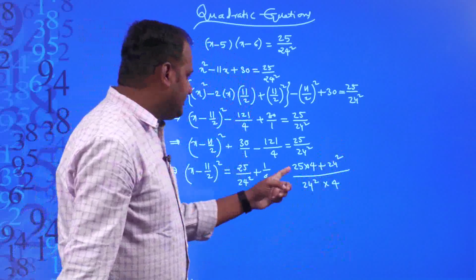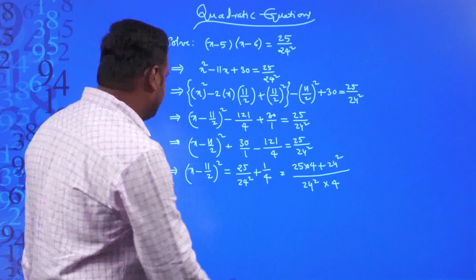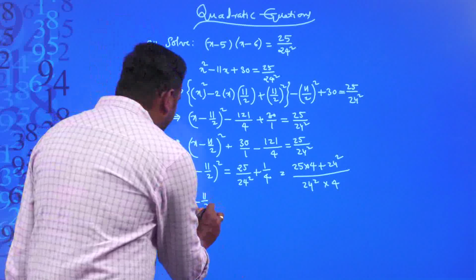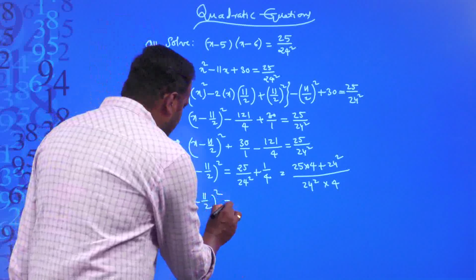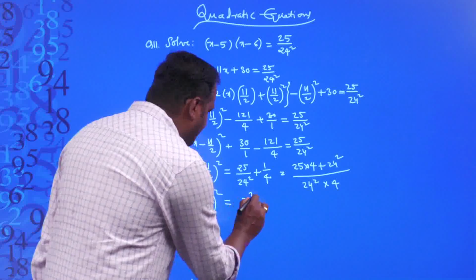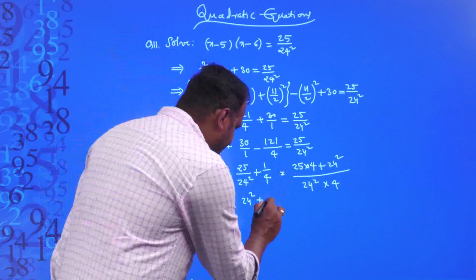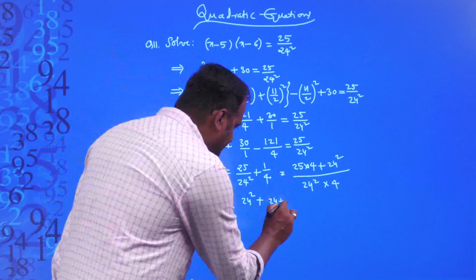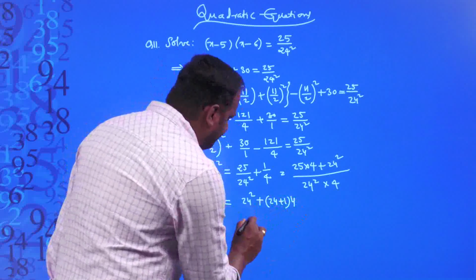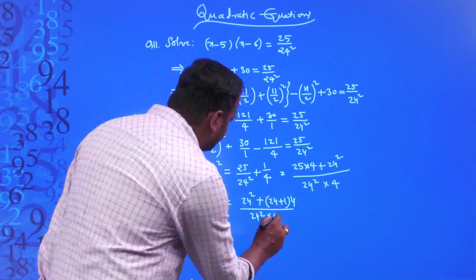Okay. Now see here, this is 25 into 4 plus 24 square. How am I going to write that? This is x minus 11 divided by 2 whole square is equal to, this is 24 square, right? Writing 24 square plus this is 25 into 4, right? I am writing 25 as 24 plus 1, into 4, whole divided by 24 square into 4.